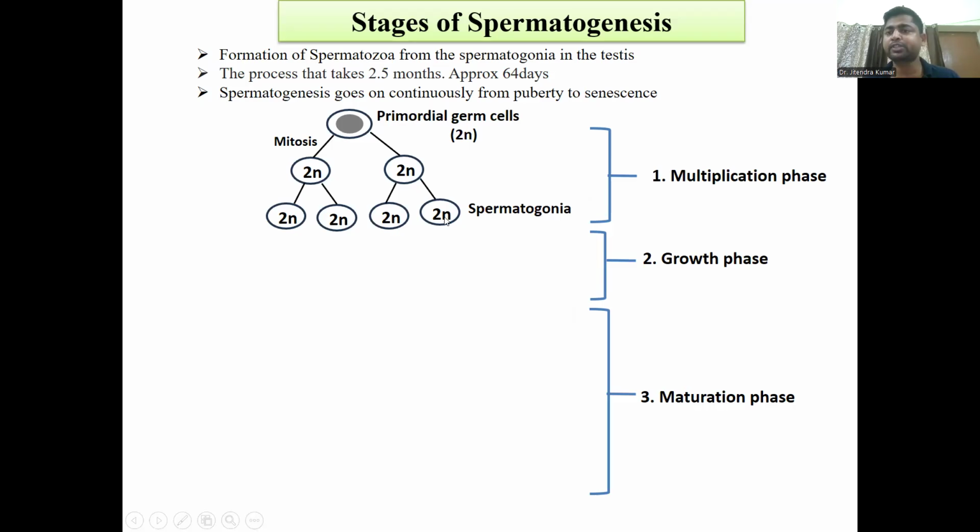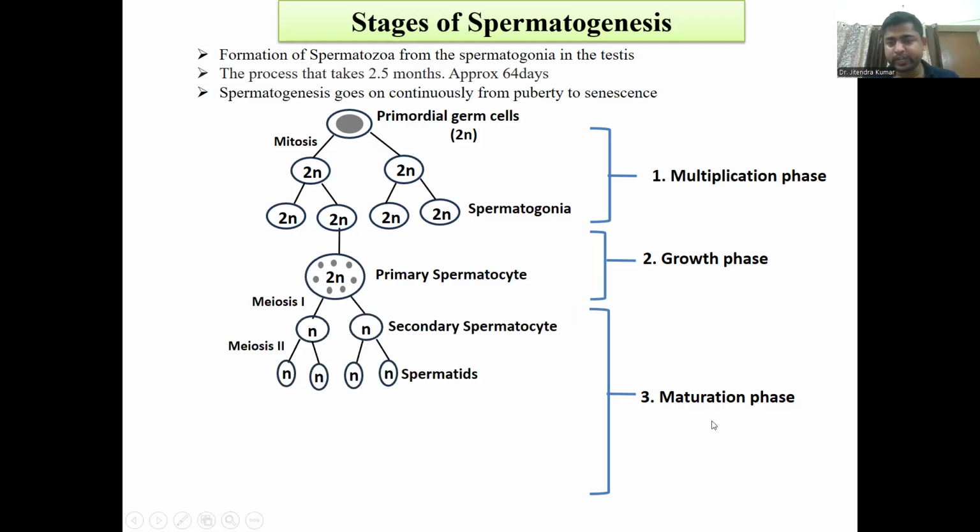They contain 46 chromosomes. During the growth phase, these spermatogonia accumulate several proteins, RNA, and nutrients, which are required for early development. So it becomes enlarged in size, and now it is known as primary spermatocyte.